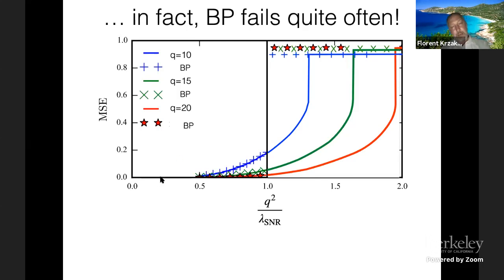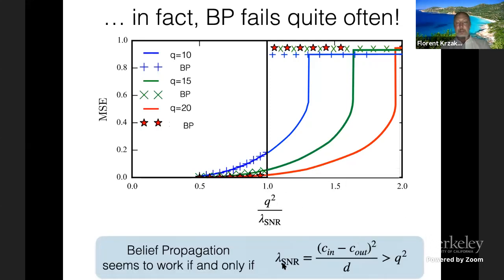Because if you run BP, in this region, actually BP, which are just the dots and the crosses and the stars, is giving you the exact same MSE that you would expect from the optimal solution. So it works. But once you reach Q squared divided by lambda, SNR, boom, BP is not better than a random guess. So it seems that something is going on around this value. So SNR, when Q squared divided by lambda is 1.